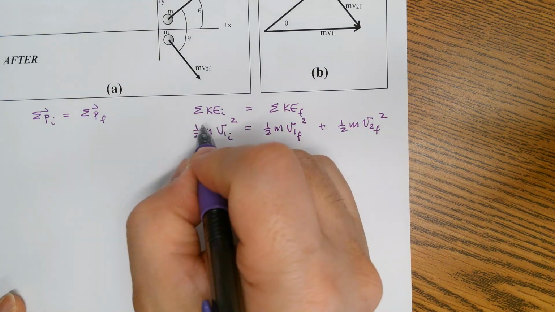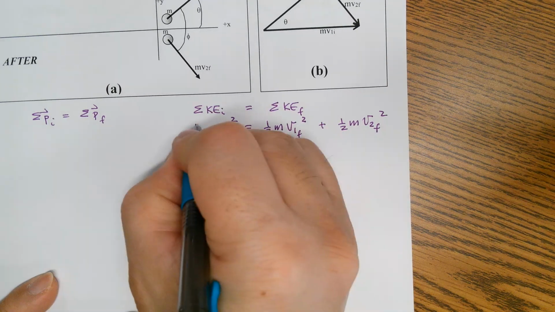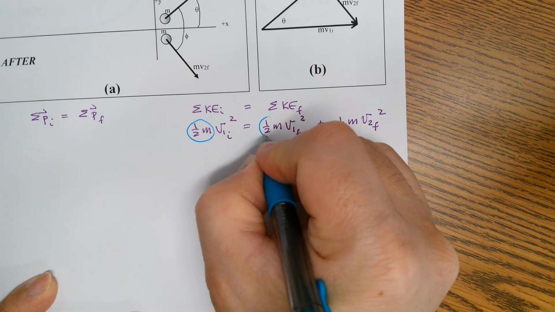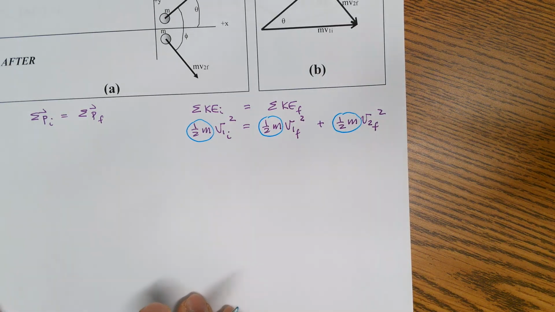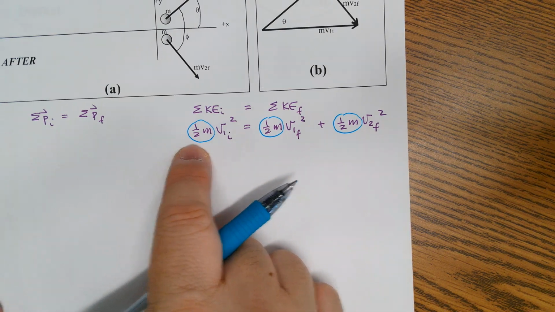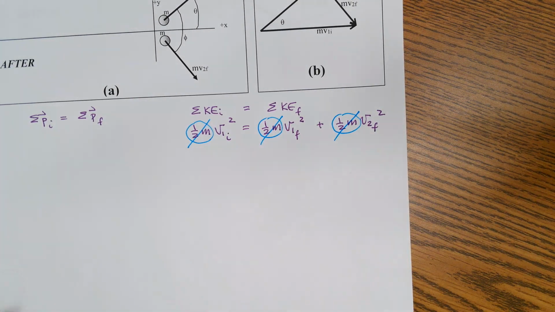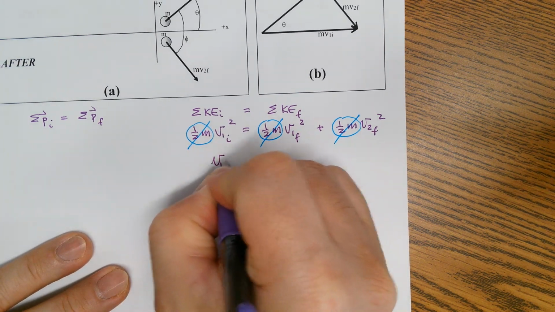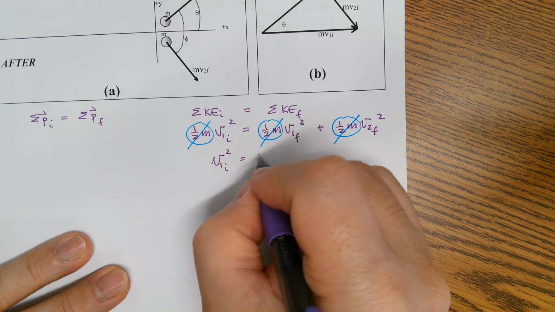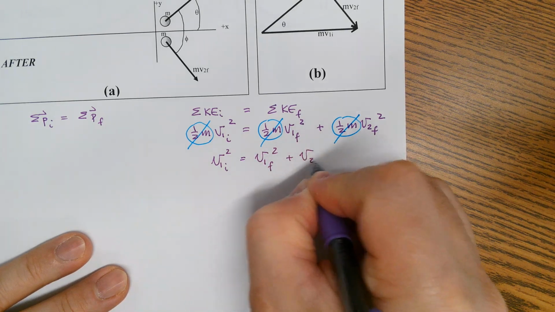Now, I have 1/2 m, 1/2 m, 1/2 m. If I divide both sides by 1/2 m, they all cancel out. So v1 initial squared is equal to v1 final squared plus v2 final squared.